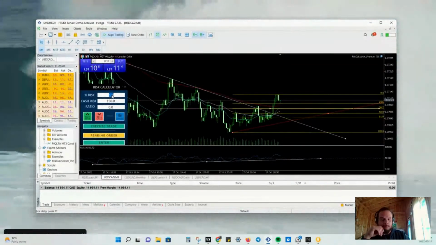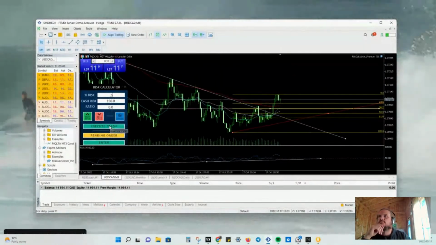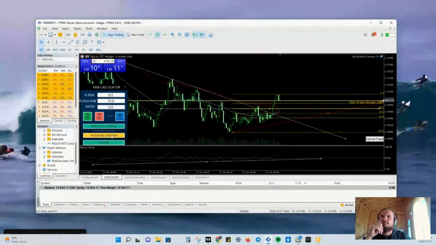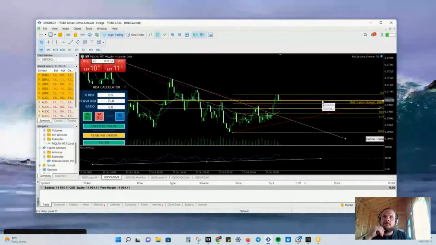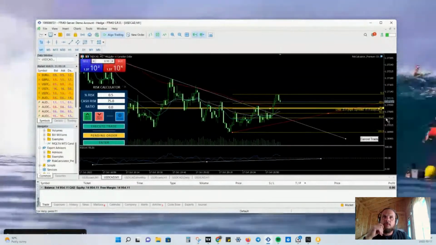Let's go with slightly smaller size. Just getting my feet wet here.